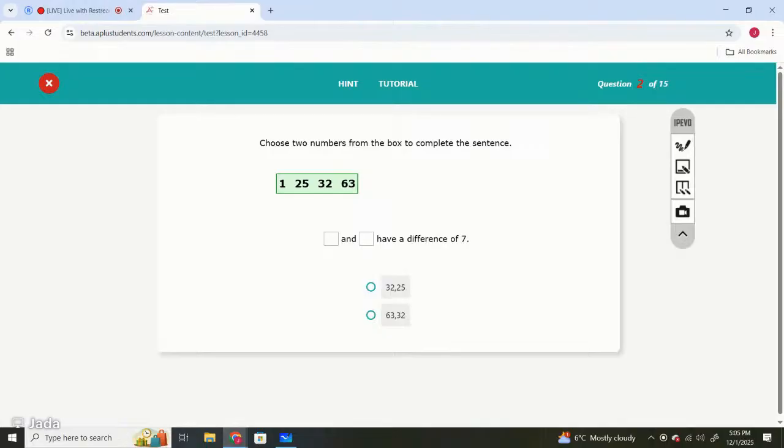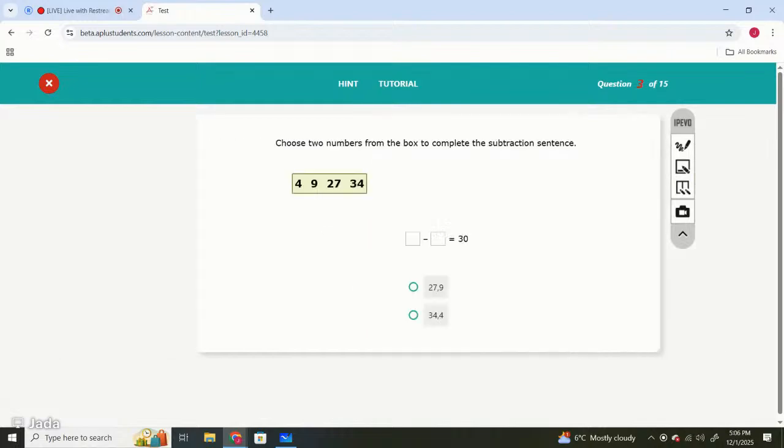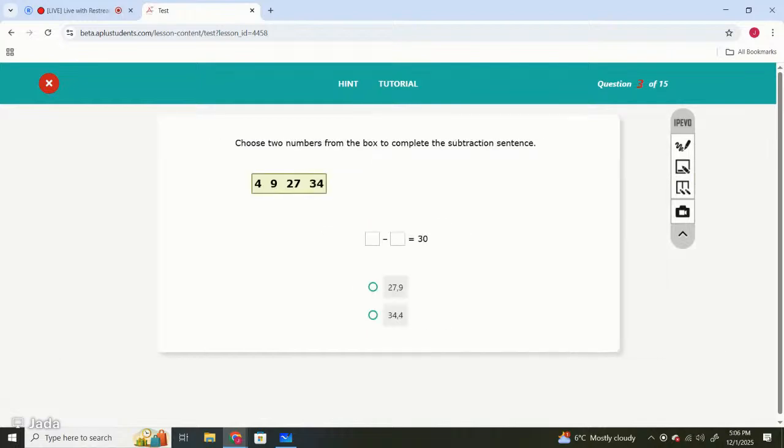Choose two numbers from the box. Which two numbers when subtracted make the difference of 7, right? So start with the second numbers. Like the first option, 35 minus 28 is equal to 7. Option number 1 is the correct option. Next, choose two numbers from the box to complete the subtraction sentence. Which two numbers have the difference of 30?